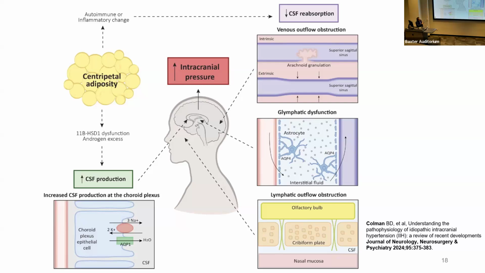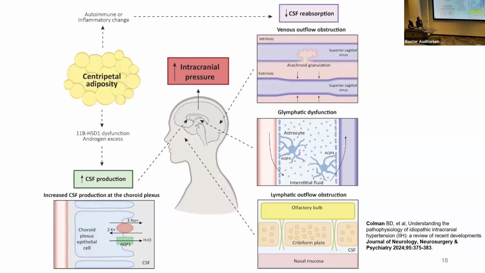Intrinsic means that basically the granulation is affected and there is a focal stenosis. So all the rest of the sinus is normal, but only this area is stenotic. Extrinsic is when the whole sinus is affected and you see the whole area is narrow.